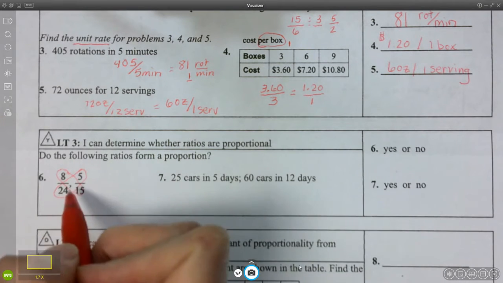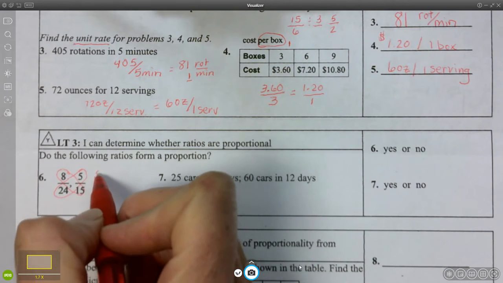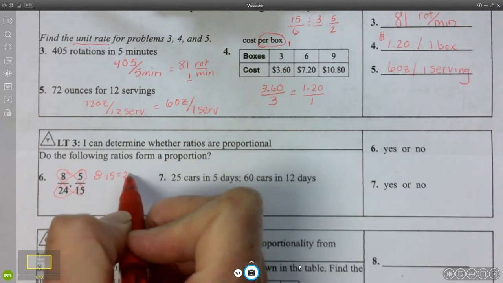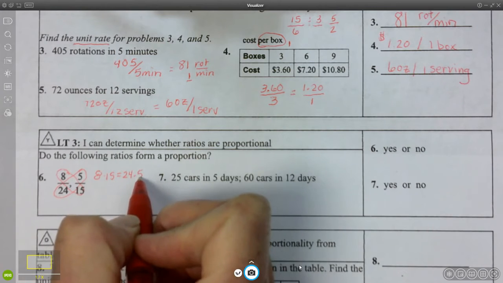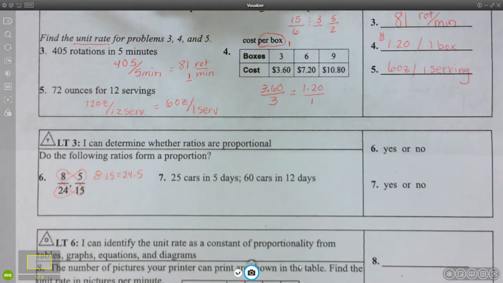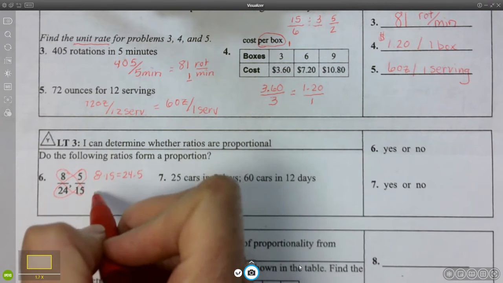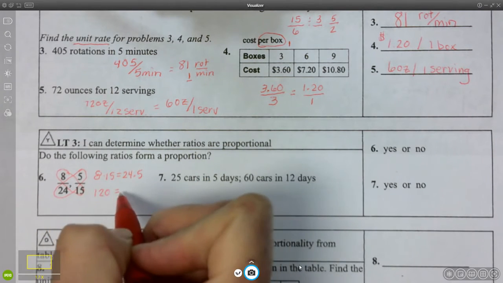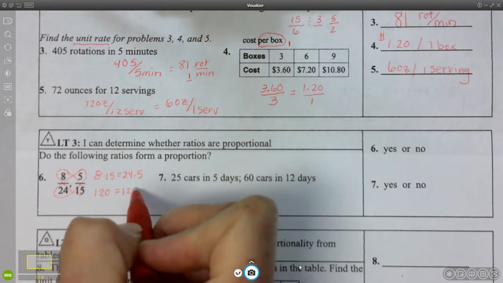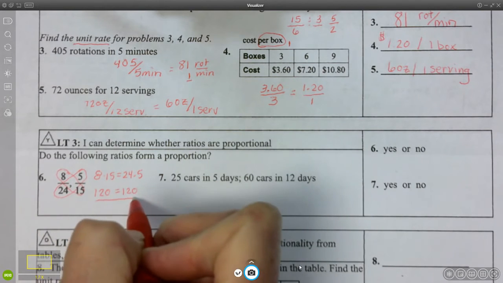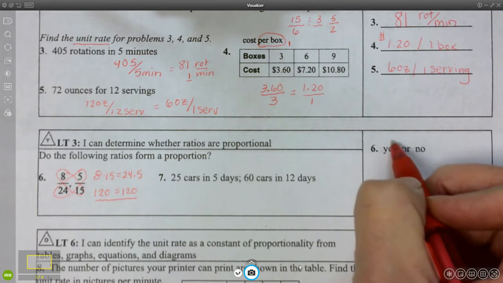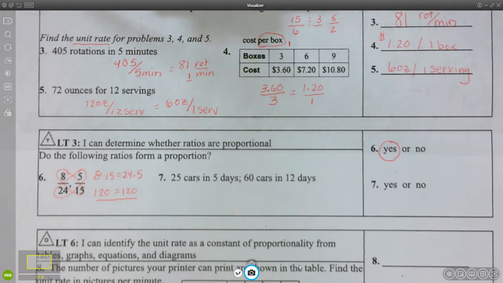So 8 times 15 equals 24 times 5. If they do equal each other, then they are forming a proportion. So 8 times 5, it turns out, is 120 in the calculator, and 24 times 5 is also 120. So because the two cross products are equal, that does form a proportion. They are equal to one another.